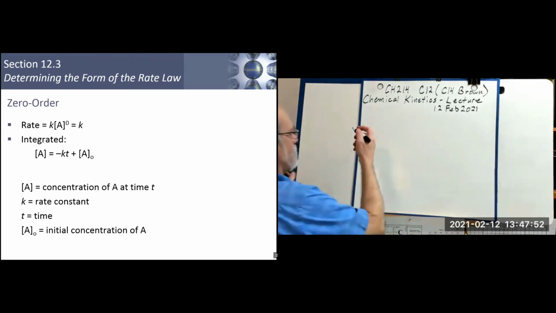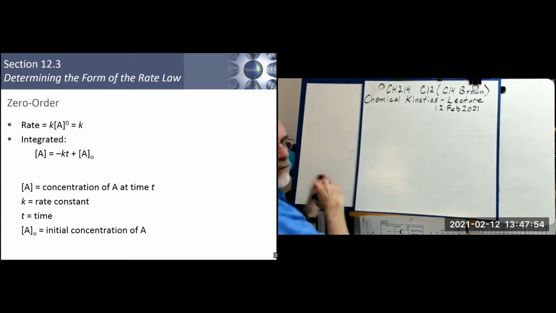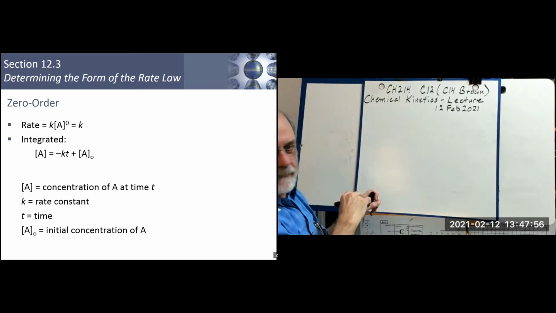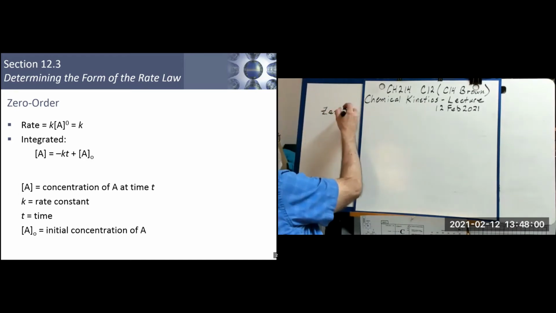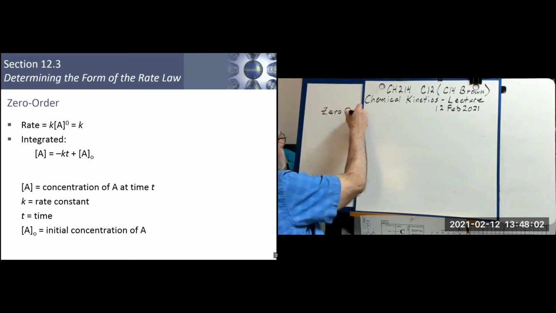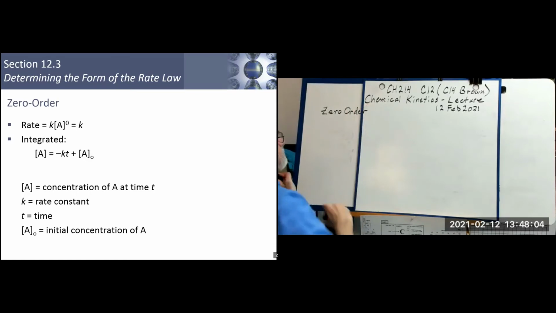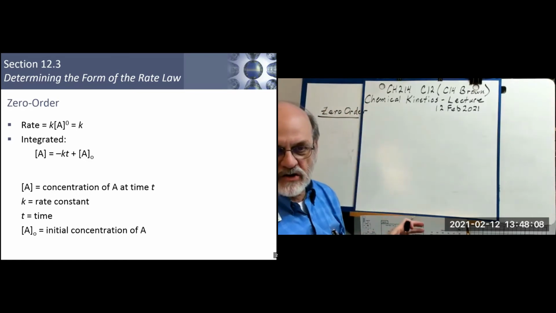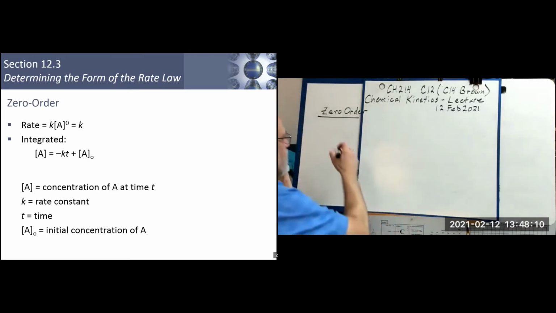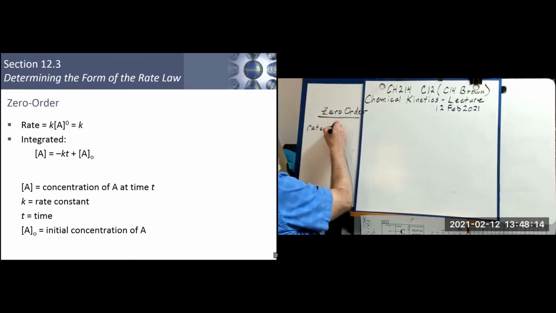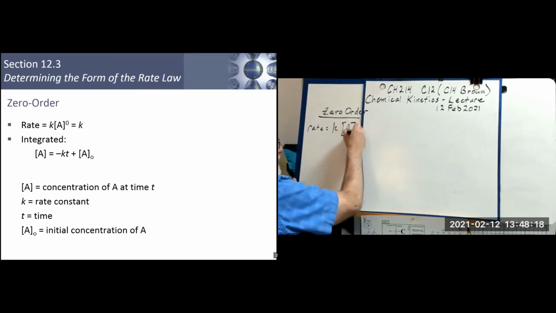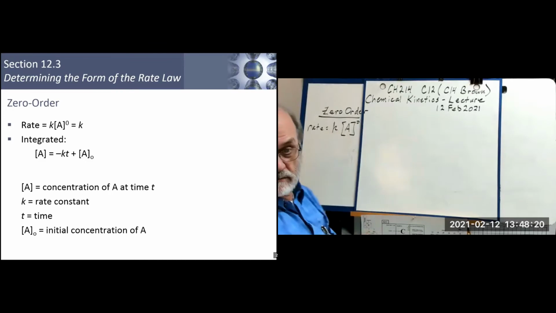So zero order, we would say is, well, we'll just write it. Zero order is an expression of the rate that looks like this. Rate equals k to the zero order.